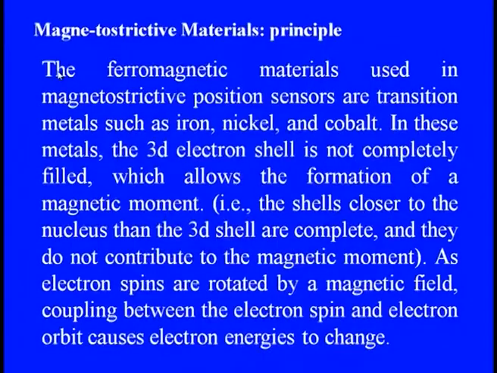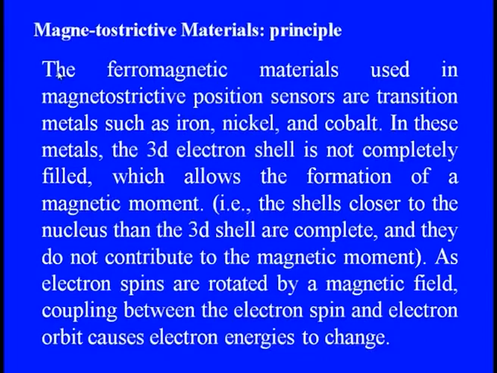So, we can use these ferromagnetic materials as sensors, which are transition metals such as iron, nickel or cobalt, that are the base materials, and in these metals the 3D electron shell is not completely filled.